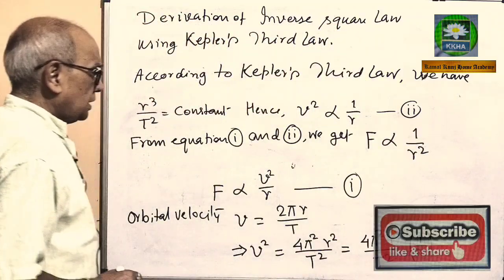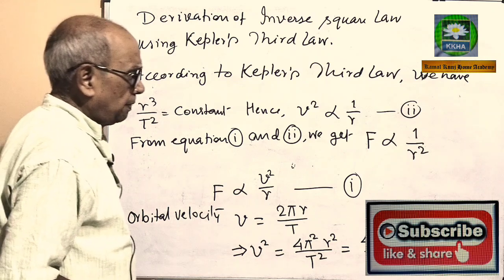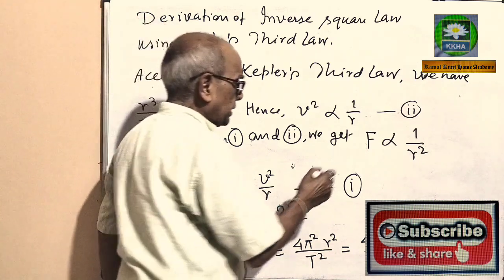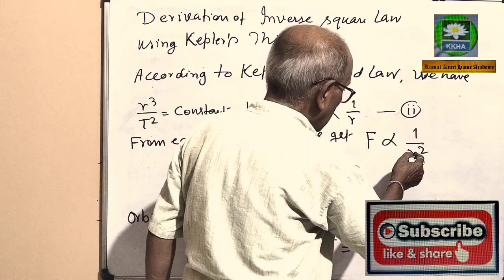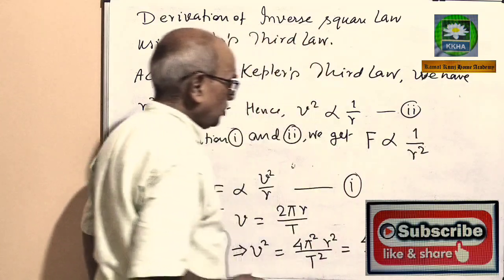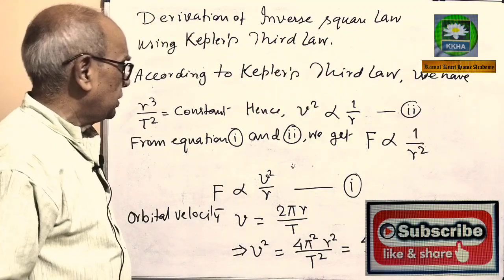That is, gravitational force, force of attraction, is proportional to the inverse of the square of the radius of the orbit.